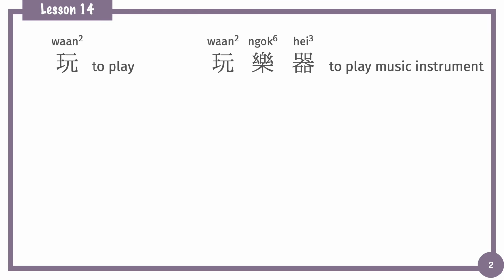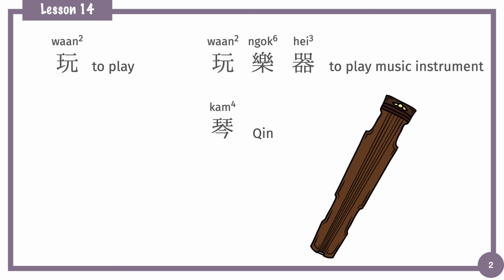So for music instrument, generally, music instrument is 樂器. So generally, we can say 玩樂器 refers to play music instrument. But for specific items, we will use different expressions, such as 琴, which is one of the earliest music instruments in China.